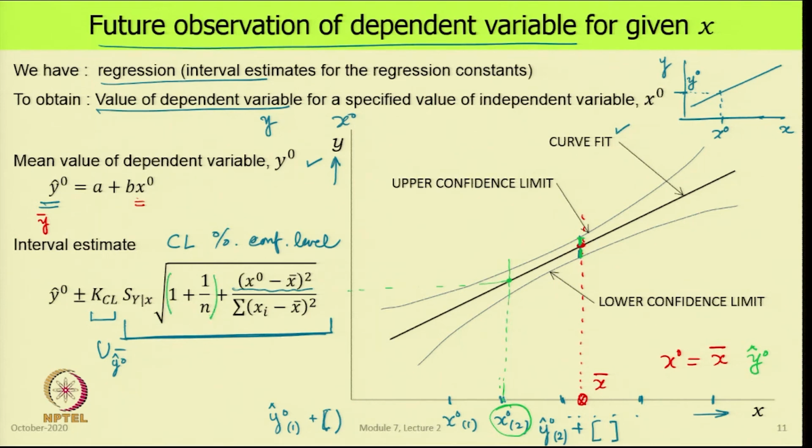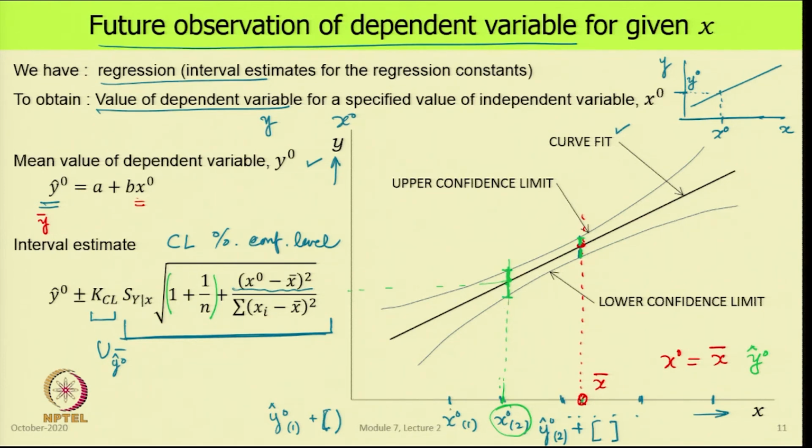So, the uncertainty at this point is more than the uncertainty at the mean value. So, this is the larger uncertainty band over there compared to what we had over here. So, we would put up error limits like that.